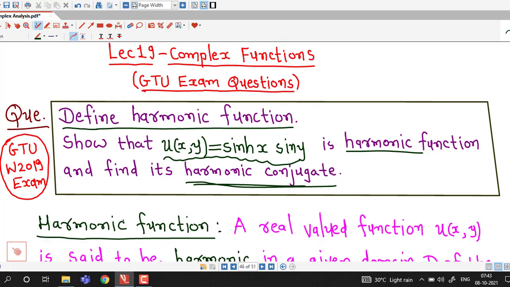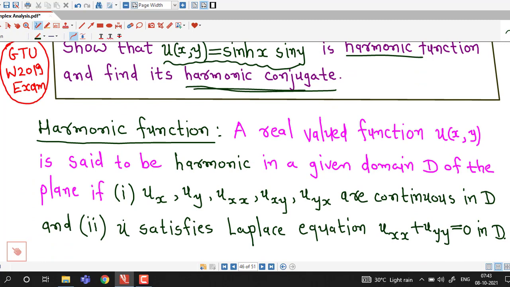So first we have written the definition of harmonic function. This we have already discussed in earlier lectures in this series. So a real valued function, say u(x,y), is said to be harmonic in a domain D of the plane if two conditions are satisfied.